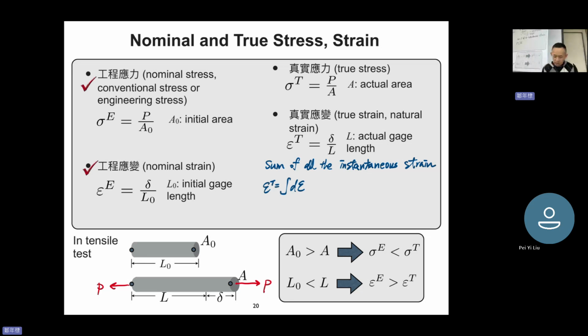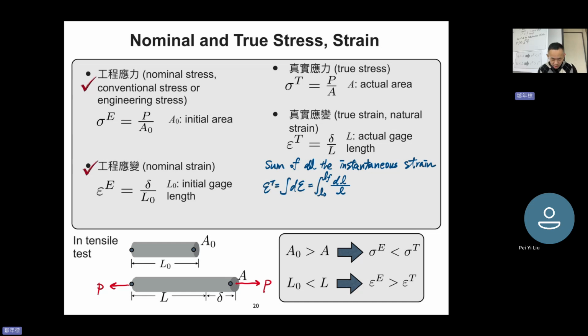So epsilon T is equal to the integration of the strain. And what is the strain? It must be dL divided by L. And L is changing from L0 to LF. L0 is the initial length. LF is the final length.